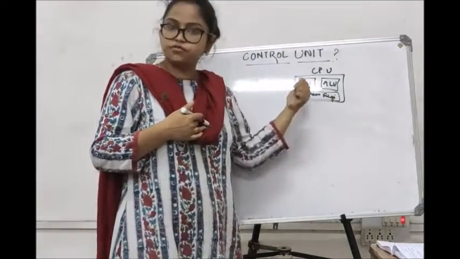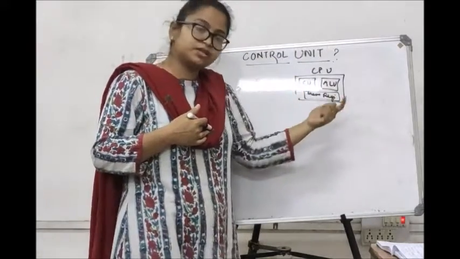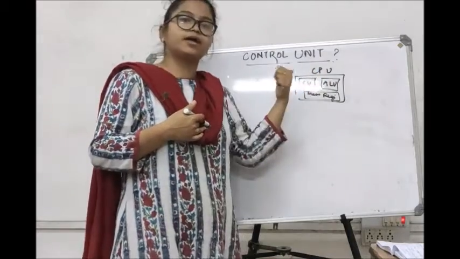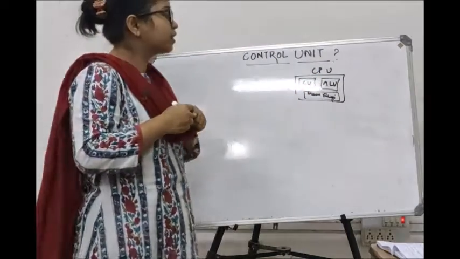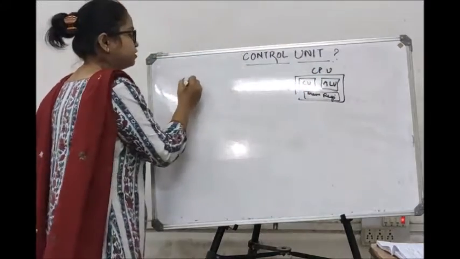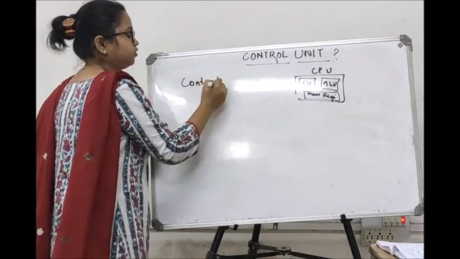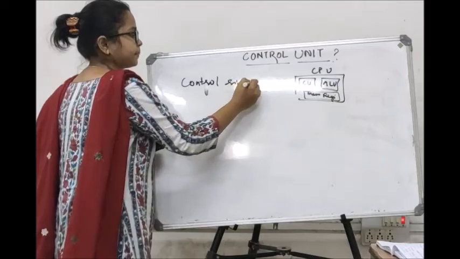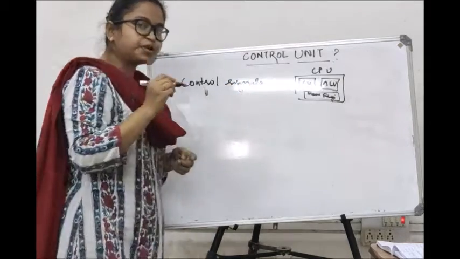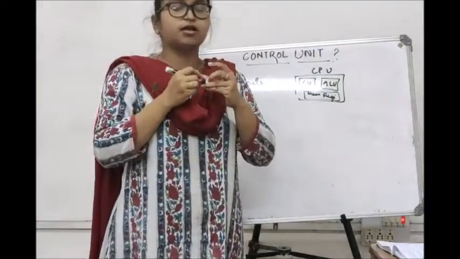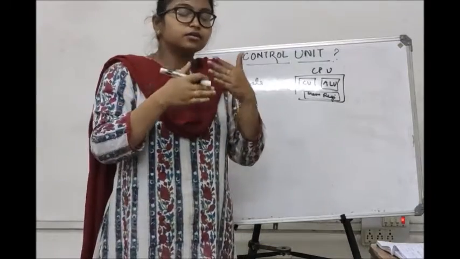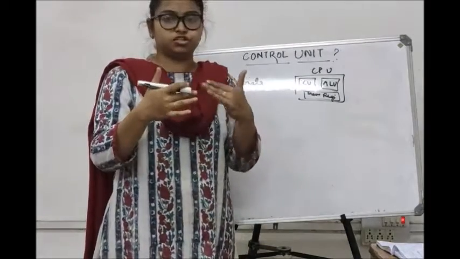So how does the system function? It is as per the signals given by the control unit. What are these signals called? They are known as control signals. As per the control signals, the entire computer functions.